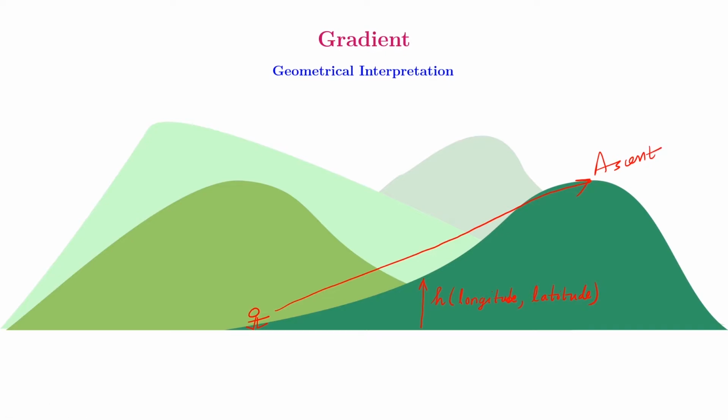This is the direction of the gradient. Now measure the slope in this direction, which is rise over run. That is the magnitude of the gradient. Note that the direction of maximum descent is opposite to the direction of maximum ascent.